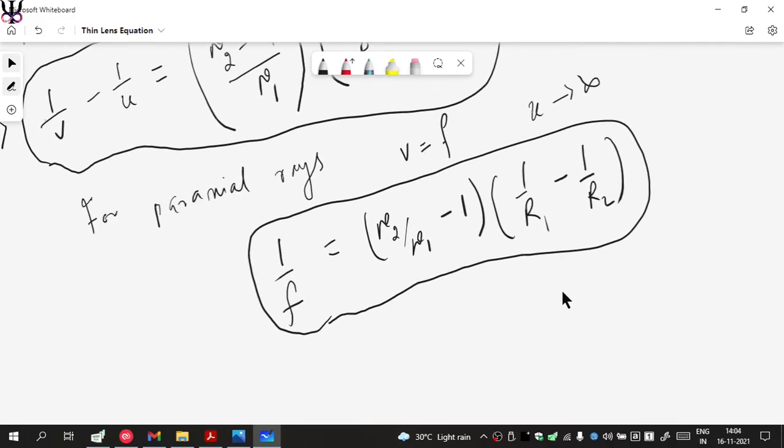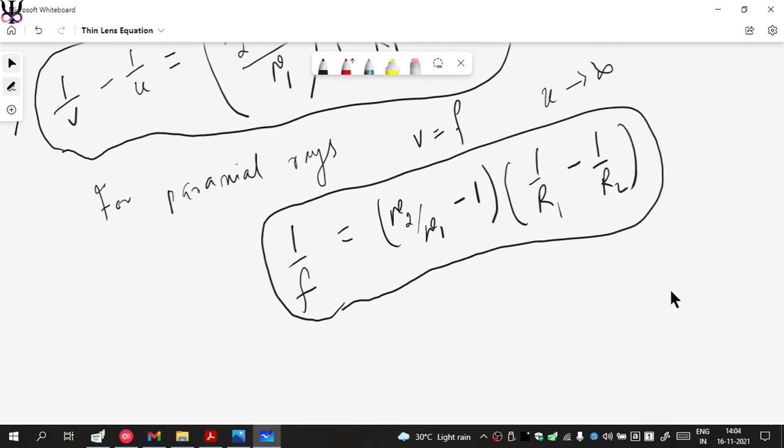And with the expression for the focal length, you can write the thin lens equation as 1 by V minus 1 by U is 1 by F.